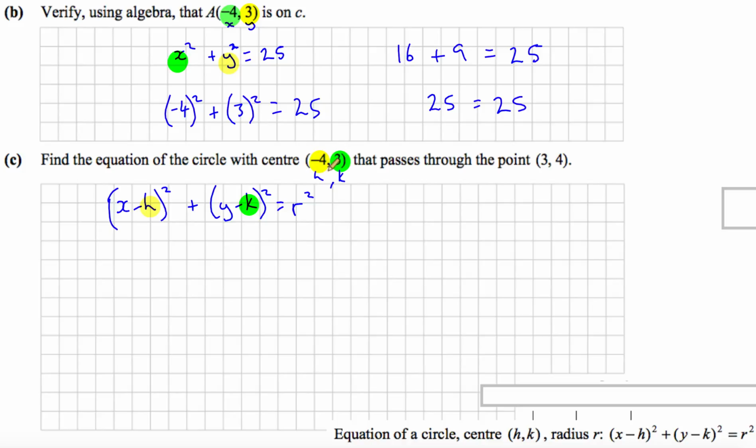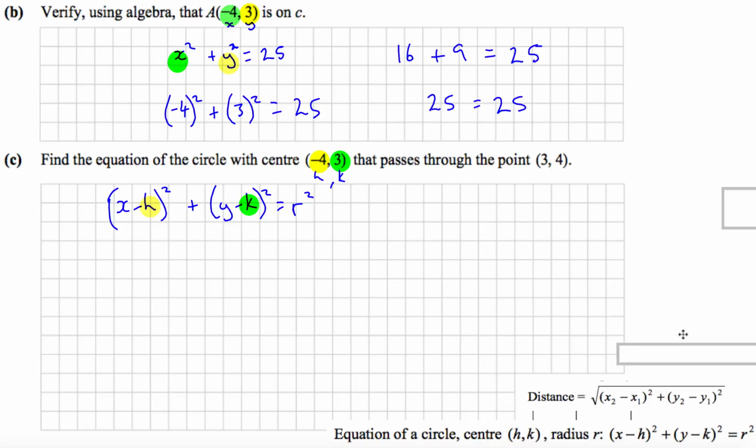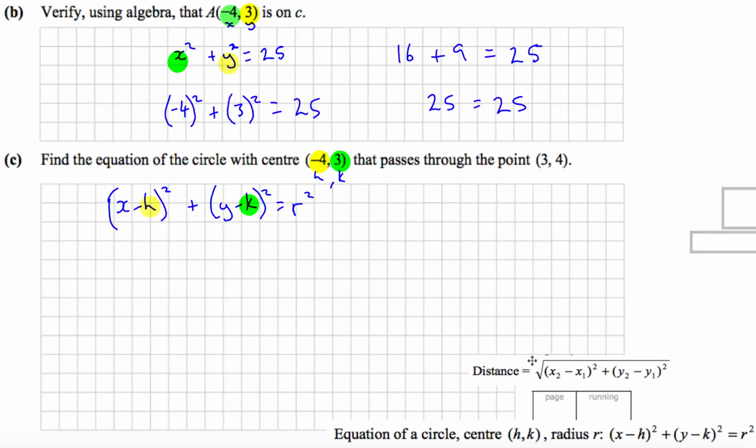Now it does tell us that the circle has a center here and passes through this point. So the radius will be the distance from the center to the point that it passes through. So the distance between these 2 points will be our radius. And the distance between 2 points, there's a formula for that.